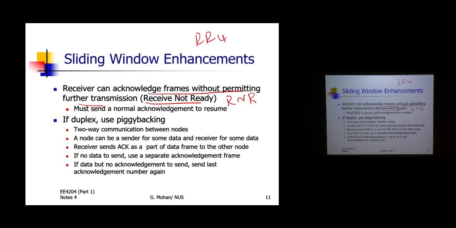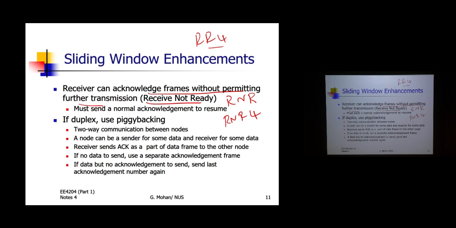That means it's acknowledging frames 3, 2, 1, the earlier frames. After seeing RR4, the sender can adjust the window and transmit more frames. But RNR4 means it is acknowledging the receipt of frame 3 and earlier frames, but it's not ready to receive frame 4 onwards.